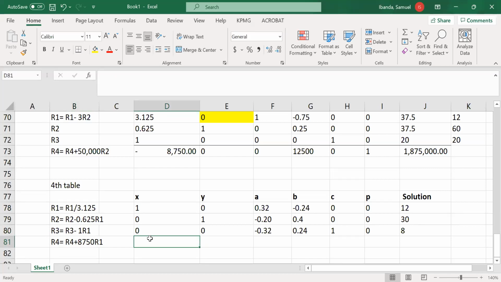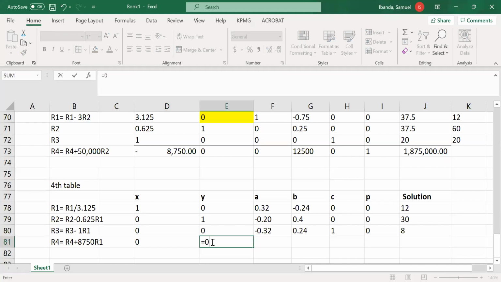Okay. So it means that this will now be the old 8750 plus 8750 times 1, because my R1 is 1, which gives me a 0, which is my target. So let me see this.